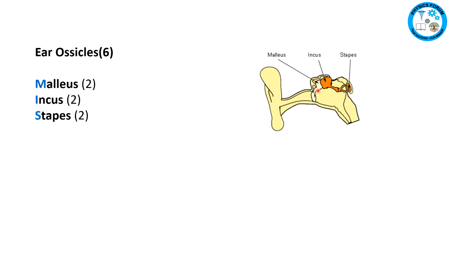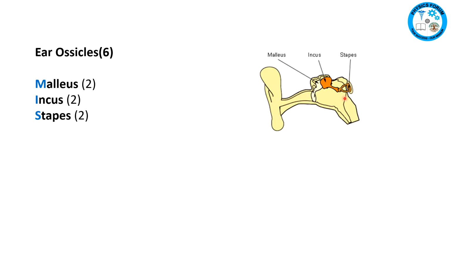This is incus. Incus resembles an anvil and passes the vibrations farther. This is the stapes. It looks like a stirrup and is the largest bone that transmits sound to the inner ear.